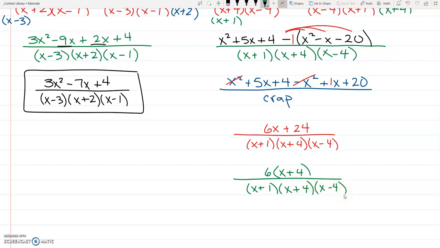So we can cancel that x plus 4. Okay? If we factored the top and it didn't cancel with anything, then I would have said you shouldn't have even factored the top. You didn't need to do all that. But in this particular problem, it creates something that cancels. So our final answer is 6 over x plus 1 times x minus 4.